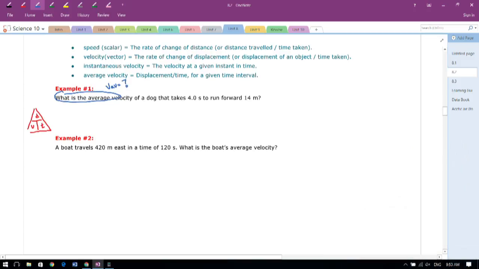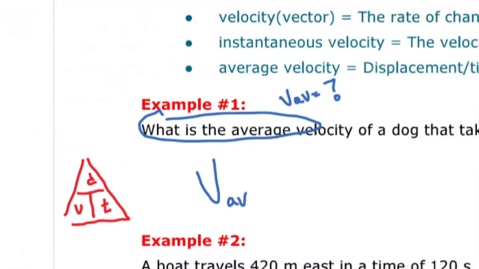And the way that we'll write average velocity is v with a little subscript av next to it. That's just average velocity, v average. We're going to also write things like v with a little 0 next to it for initial velocity and v with a little f next to it. And these are subscripts, just to keep things sorted out.